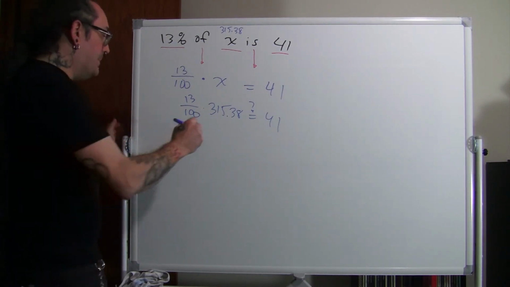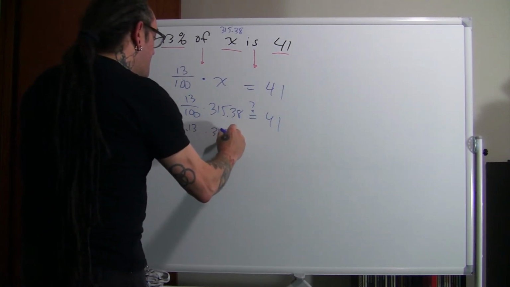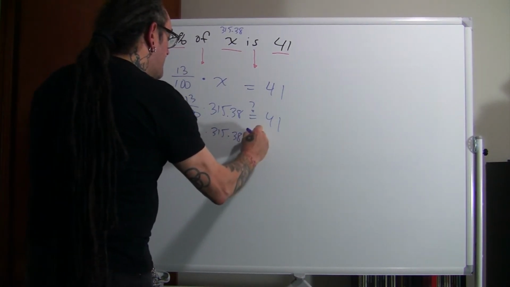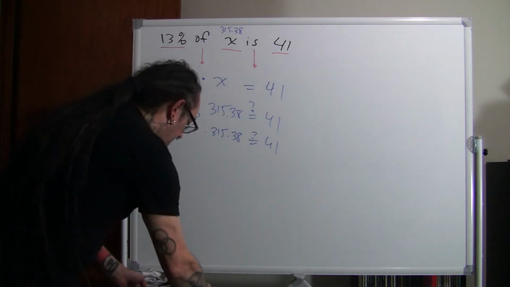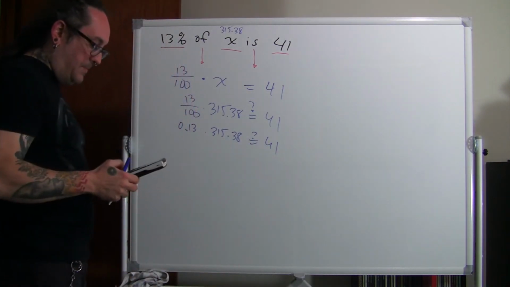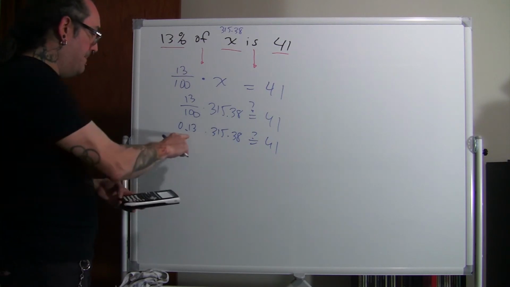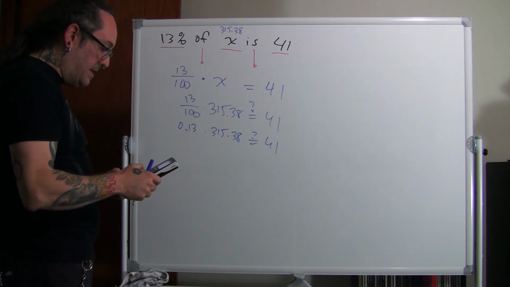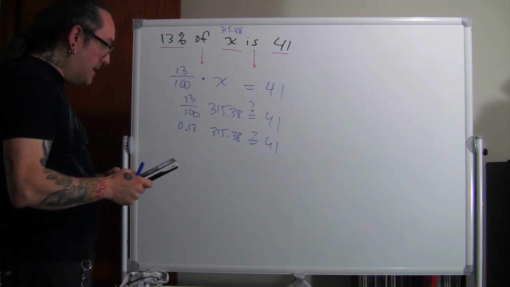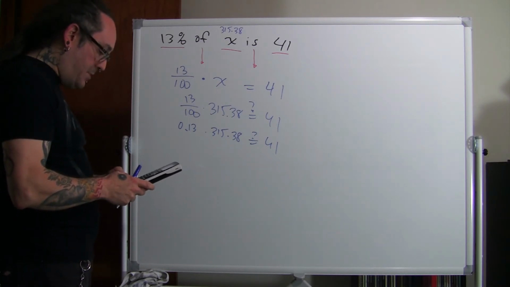Okay, fine. Times 315.38. Does it equal 41? I don't know. Let's ask the calculator. Okay, so 0.13 times, whoops, I forgot the times, 315.38.